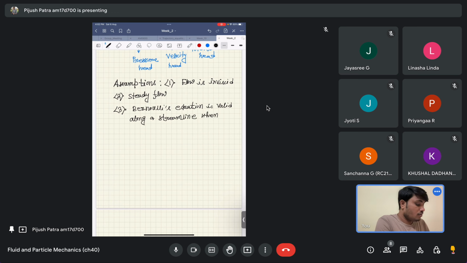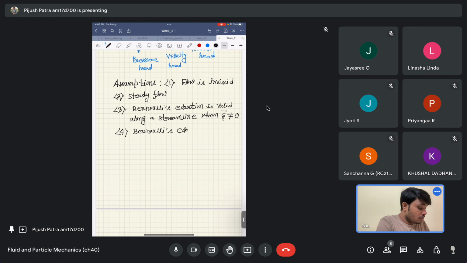when xi is not equal to 0, and what is xi? Xi is the vorticity, that is for the irrotational flow, like when the flow is not irrotational.